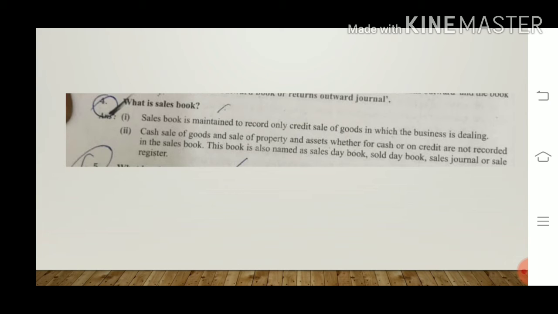Only credit transactions are taken. This book is also named the sales day book. Purchase book means bought day book, but sales book means sales day book. Other names are sold day book, sales journal or sales register. So it is known as the sales book.